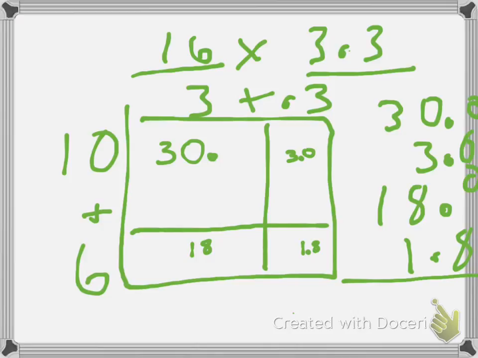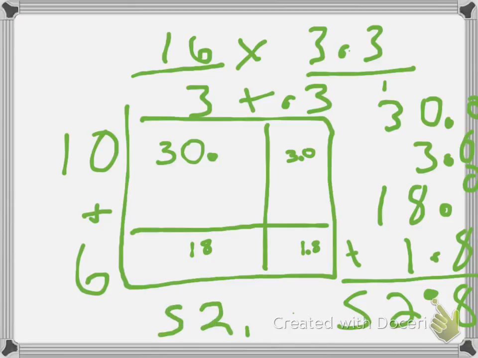What did we teach you about decimals when you're adding them? You just bring down the decimal and give it all you got. So 0 plus 0 plus 0 plus 8 is 8. 3 plus 8 is 11 plus 1 more is 12. Carry the 1. 1 plus 3 is 4 plus 1 more is 5. And so my answer is 52 and 8/10.